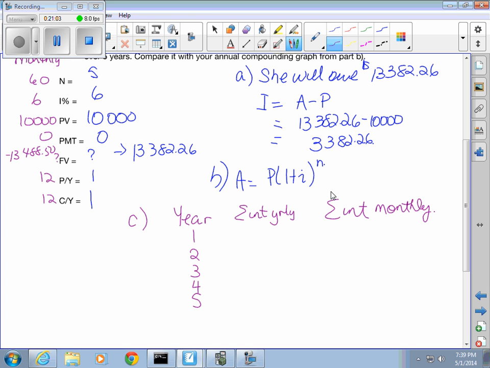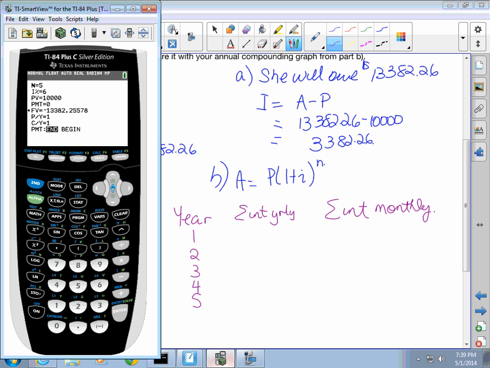What you need to do on your calculator is first do the TVM solver and set it up so you can see the interest. This is when I'm doing the interest yearly, so I have a future value of negative 13,382, so that's what I would owe.